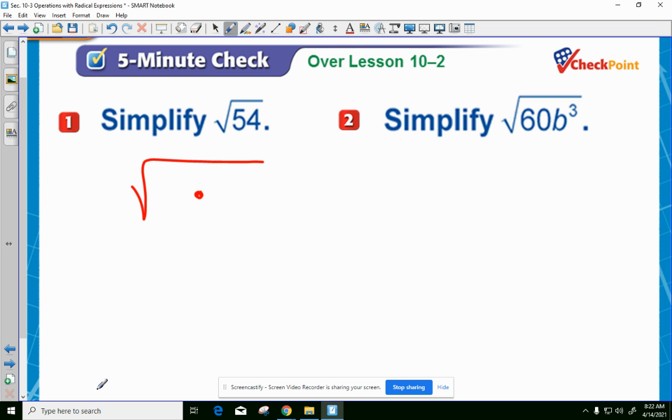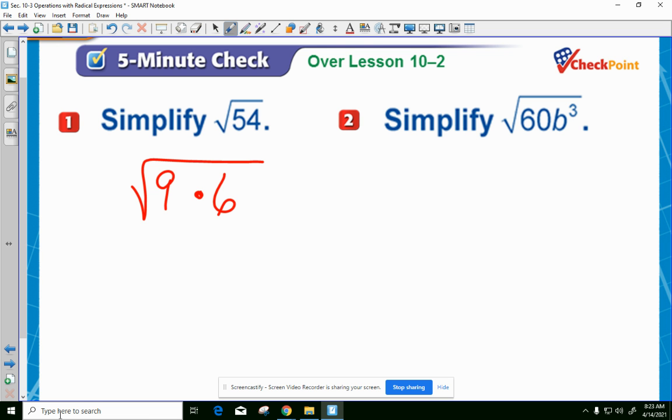What's the next one smaller than 25? 16. Does 16 go into 54? Really? 16 times what would get you to 54? That's a hard no. What's the next one smaller than 16? 9. Does 9 go into 54? The answer is yes. So, Faith, 9 times what? 9 times 6.